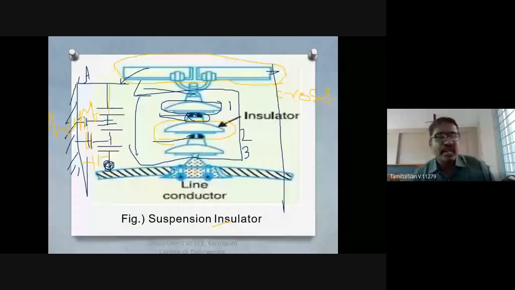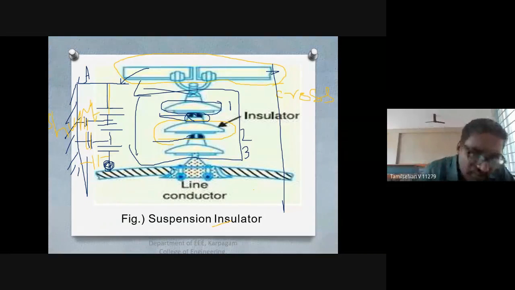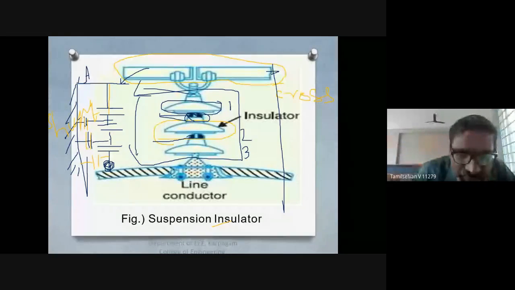To study the voltage distribution across the strings of insulators, I have taken the example of suspension type insulators.